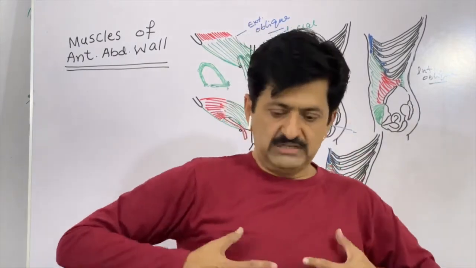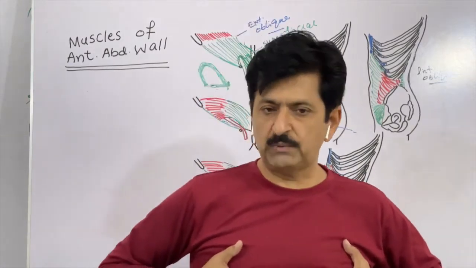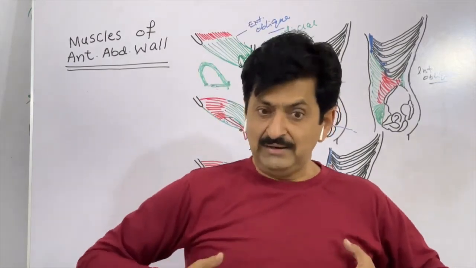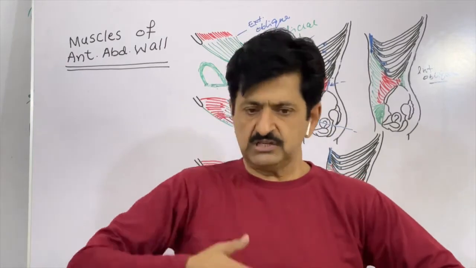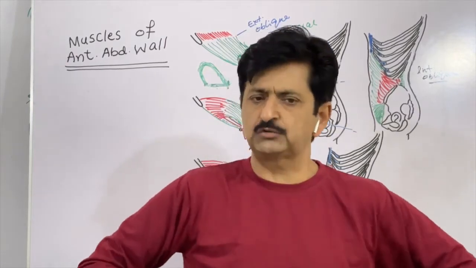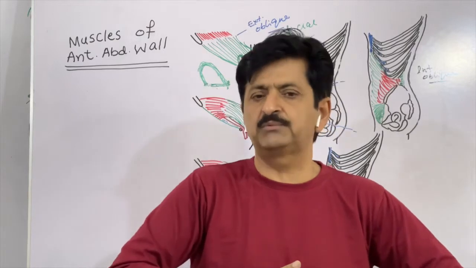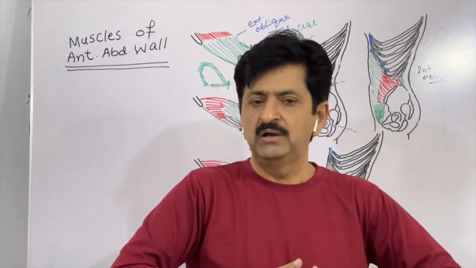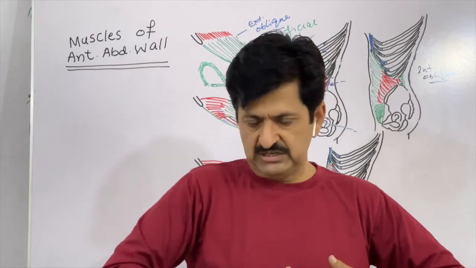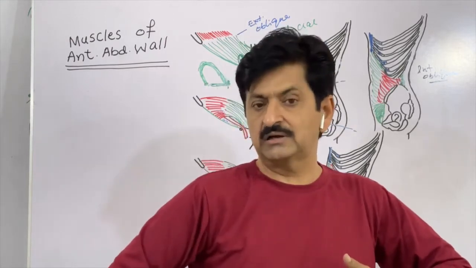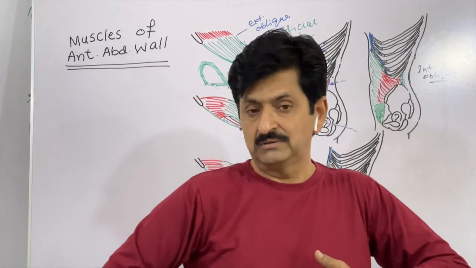And if the outer surface of the ribs is utilized by the external oblique, not the inner, then the margin of the ribs will be utilized by the internal oblique. Not just the margins of the ribs, but the cartilage also. Whatever margin is available, right from the xiphoid process tip. Which margin? You see the costal cartilage number 7.